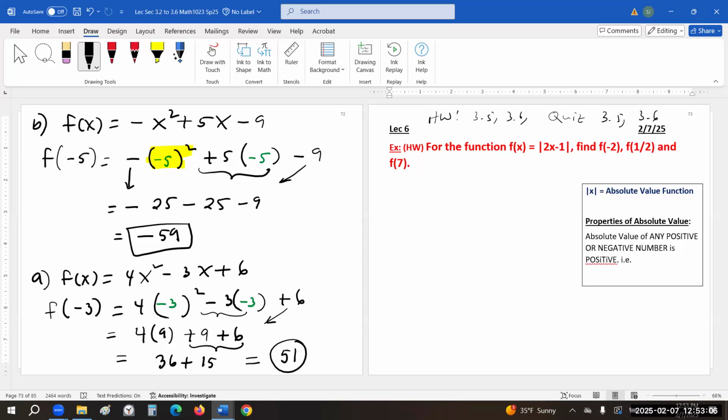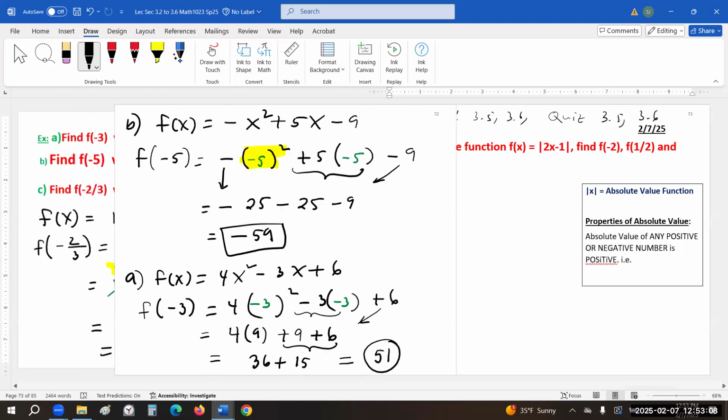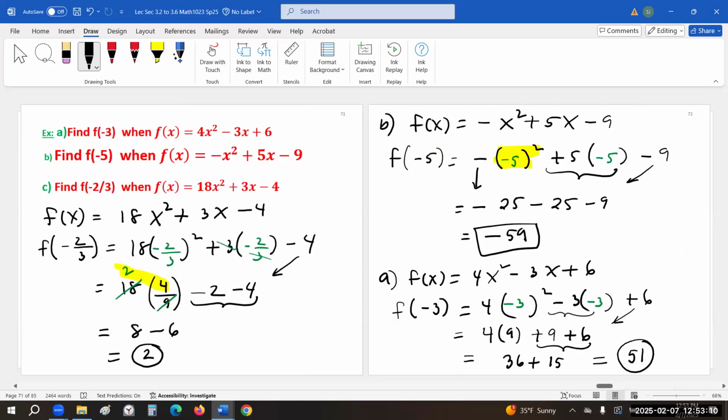So in our last class, we did evaluating functions, and all you have to do is replace x with the number they give you and then simplify. Instead of keeping your fraction, making it bigger, you can simplify the fraction. It will make things easier.